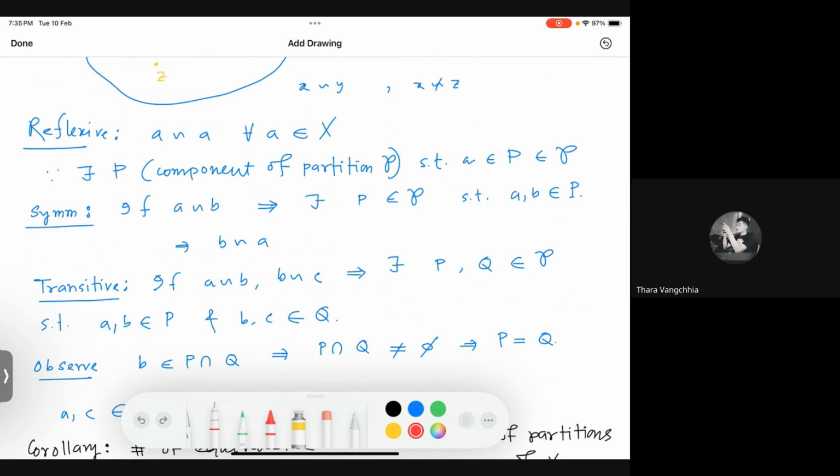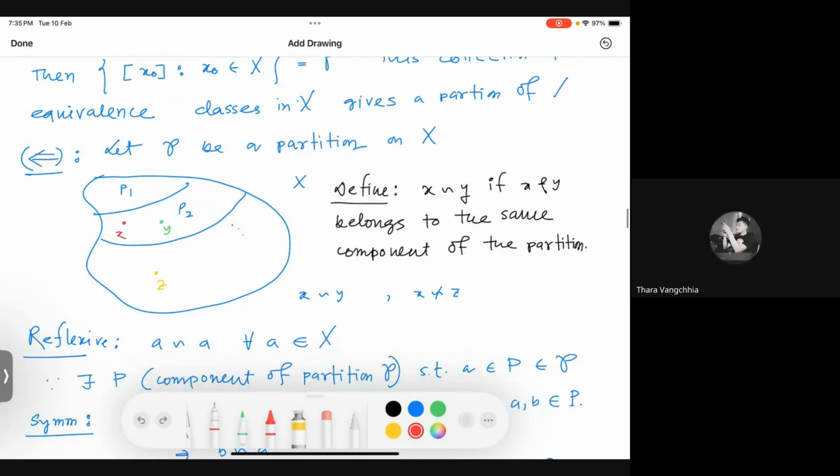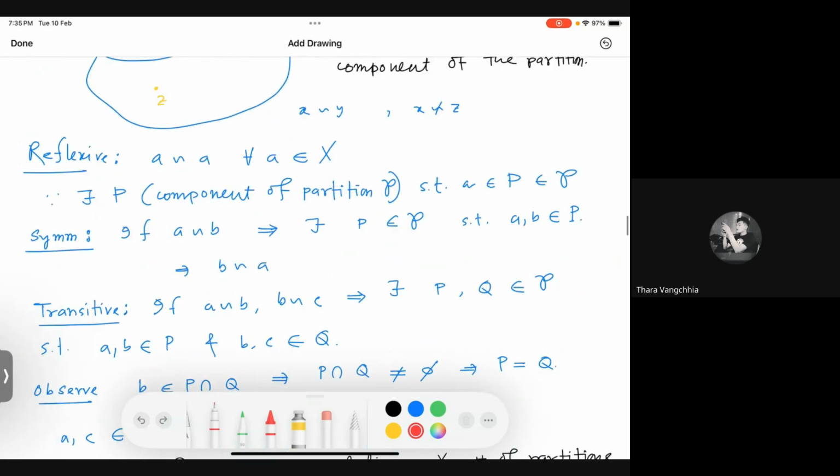Now, if a is related to b, it means there exists a component for which a and b belong to the same component. So it means b and a belong to the same component. So b is related to a.